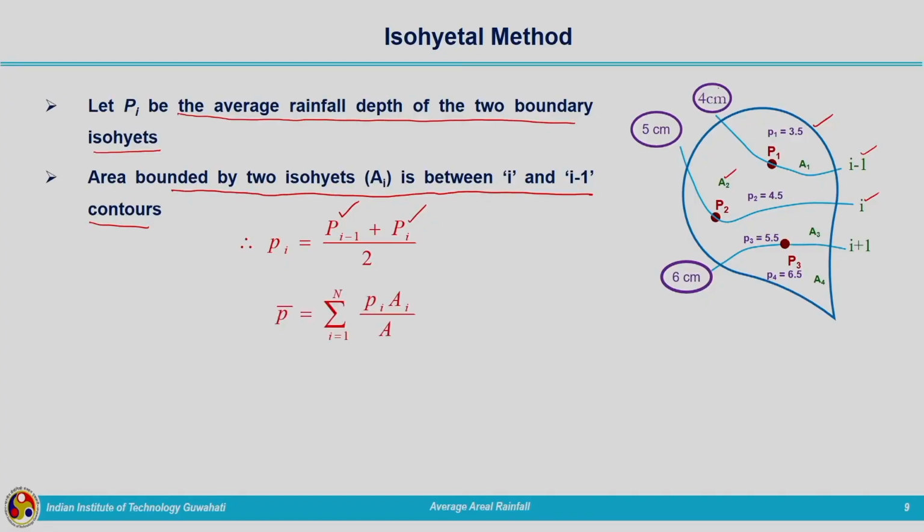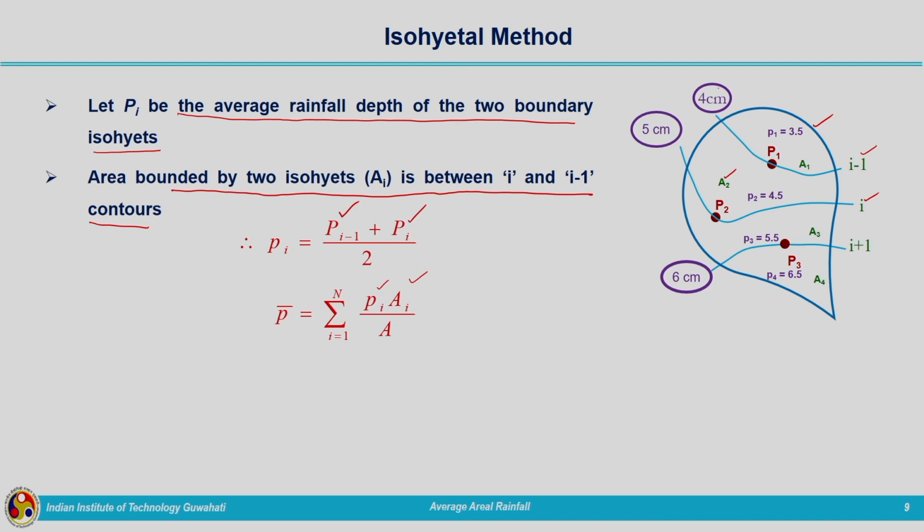So, P bar is given by sigma I equal to 1 to n Pi Ai divided by capital A. Pi we are calculating corresponding to the ith and I minus 1th isoheight, and Ai is the corresponding area within those two isoheights.